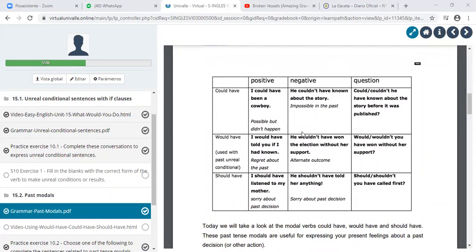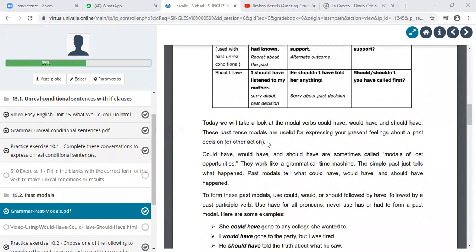In here you have a short list or a box that has different examples and grammatical structures using the past modal. For example, could have. I could have been a cowboy. That is possible but didn't happen. And for negative, he couldn't have known about the story, impossible in the past. Couldn't he have known about the story before it was published?